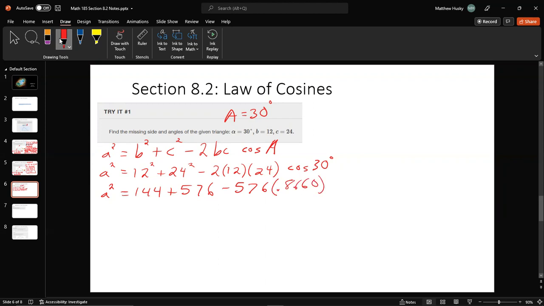All right, so a squared is going to equal 144 plus 576 minus 576 times the answer we just got, which is 221.1694, roughly.